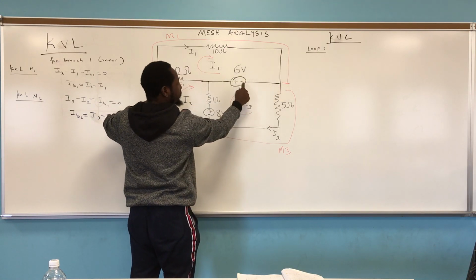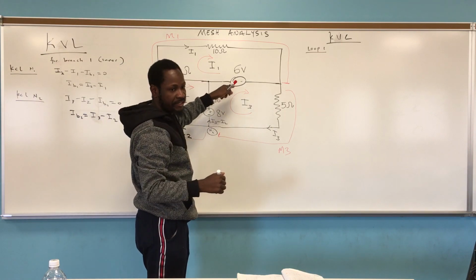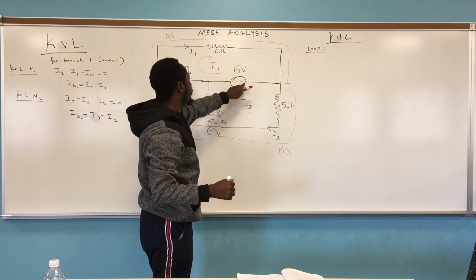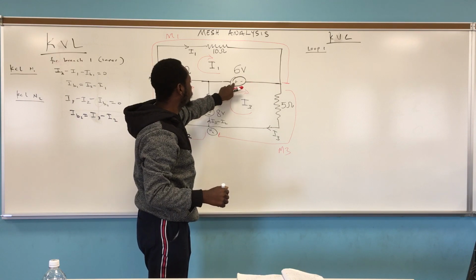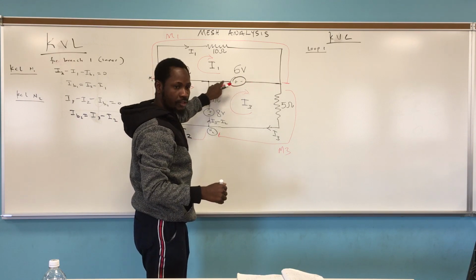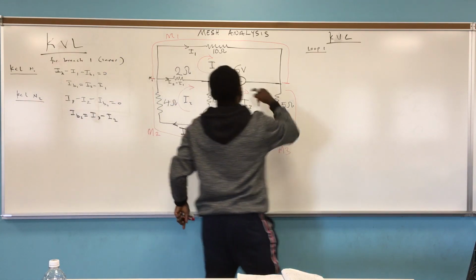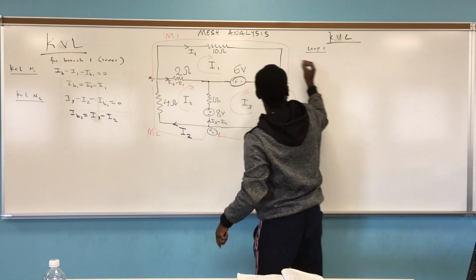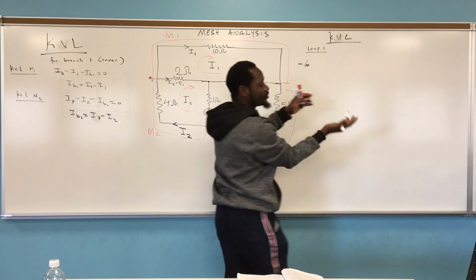We hit this source on the negative and then go positive. Is it positive or negative? Negative. So we're hitting it from negative to positive. You sure? That is negative? Okay. That means it's negative 6, because you're writing it on one side.